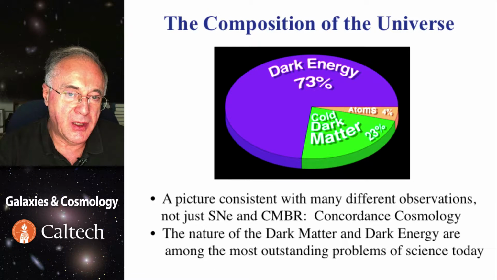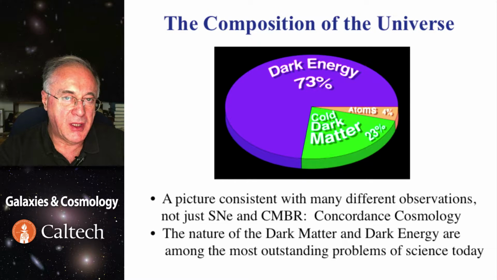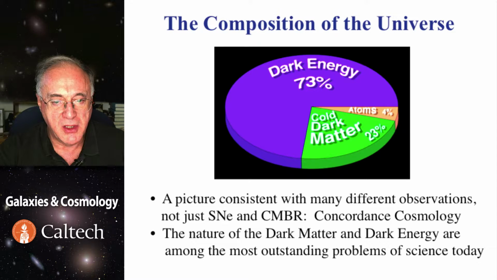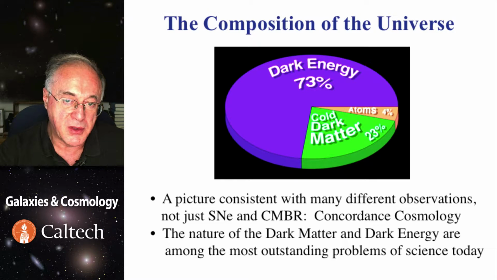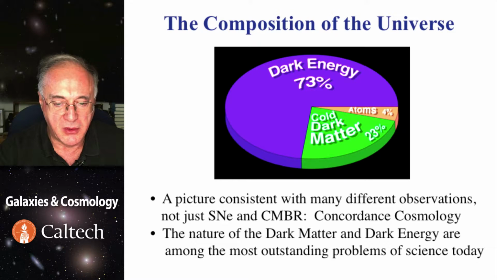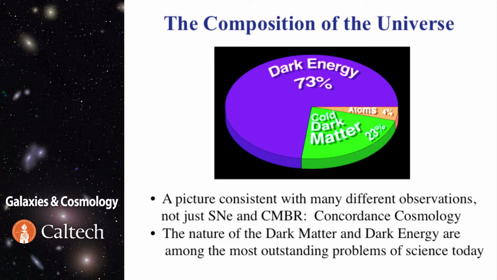Just to jump ahead, here is the punchline: today we know that the universe consists about 73% of so-called dark energy, another 23% or so of dark matter, which is not made out of regular matter atoms, and normal matter that we know about constitutes only 4%. This is now determined through many, many different observations using different methods, and it's supported constantly and refined with new measurements. And it's generally a well-accepted picture, and we'll talk about how that's done in more detail later.